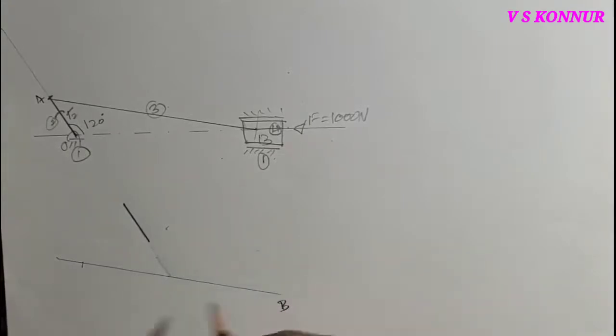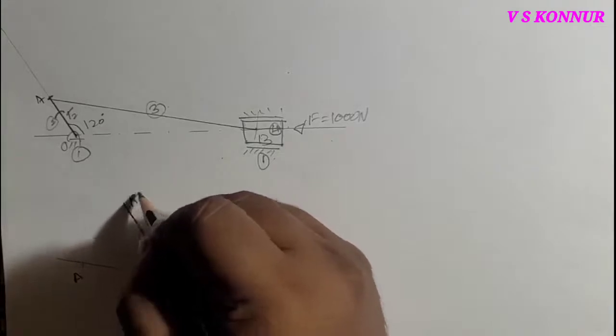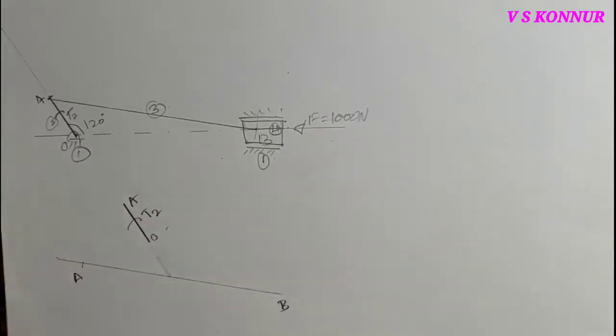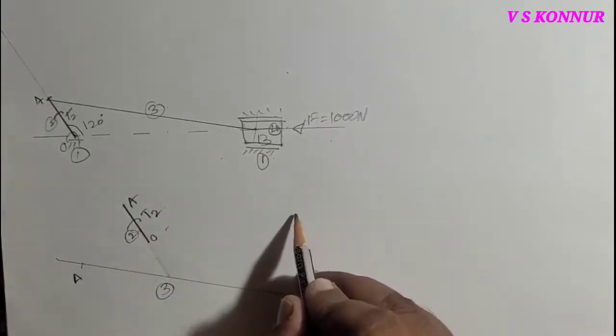So this point is B, this point is A, here this point is O, this point is A, torque T2 is there, and here the third link, this is the second link. Now this piston will be drawn here first.